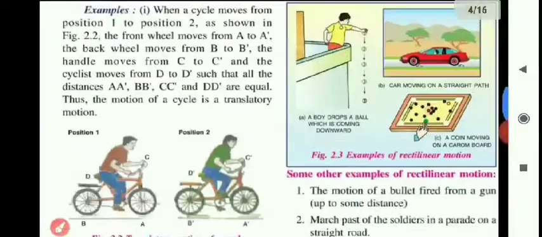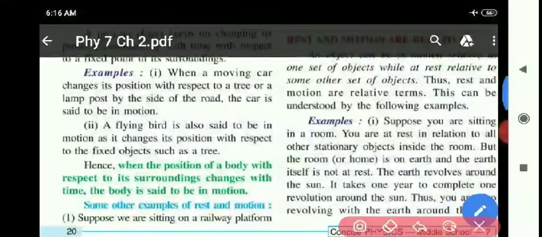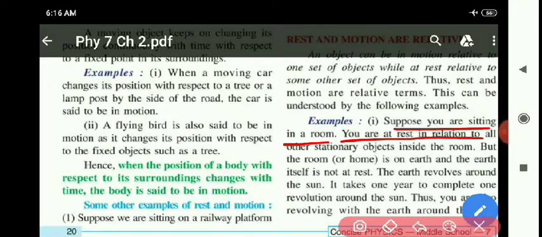Suppose you are sitting in a room. You are at rest in relation to all other stationary objects inside the room. All other objects inside the room are stationary, so you are at rest. But the room or your home is on earth and the earth itself is not at rest. Earth revolves around the sun.